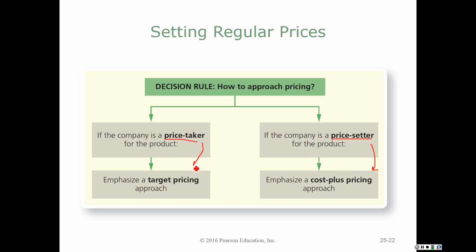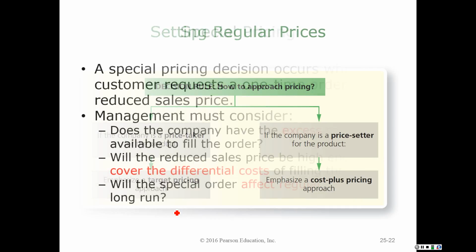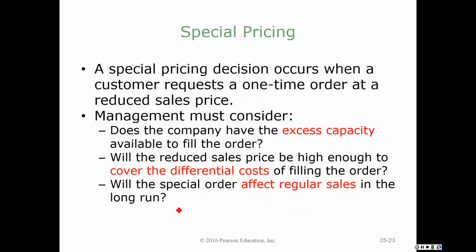But if we are a price taker, we have to identify what the market is willing to pay us, target pricing, back off of that the return we want to generate, and identify a target product cost, and then go back and look at our estimates to see if we can actually manufacture the product within that product cost.